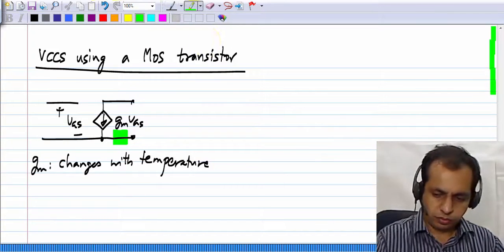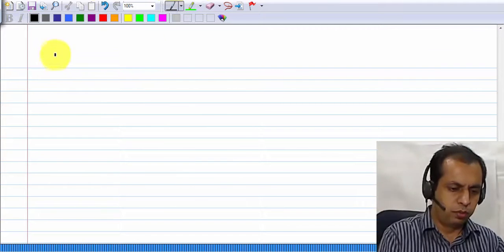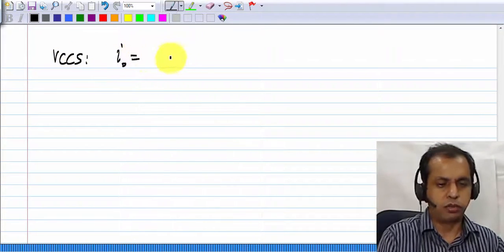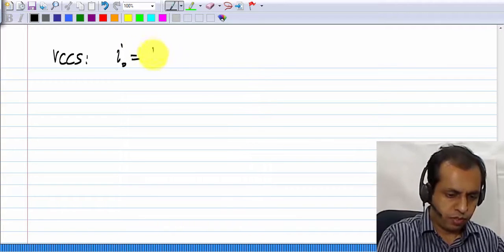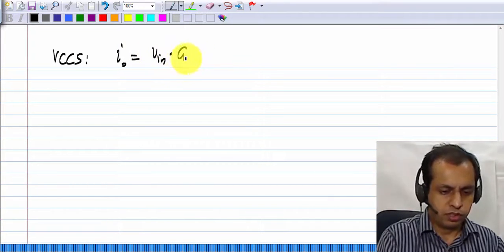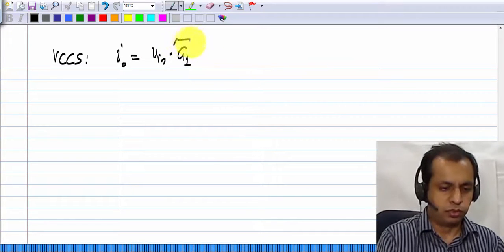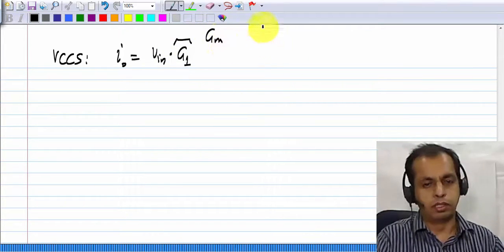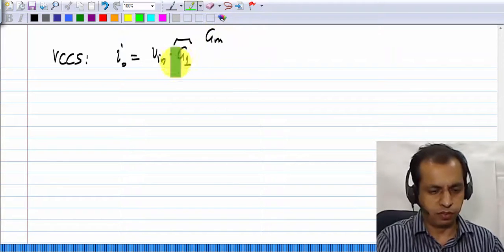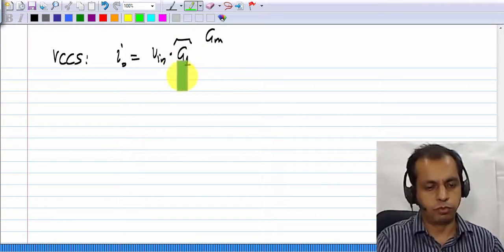Now a voltage controlled current source follows the relationship I out equals V in times some G1. This is usually denoted by GM, but to not confuse between GM of the MOS transistor and this GM, I will use a different term for this transconductance.